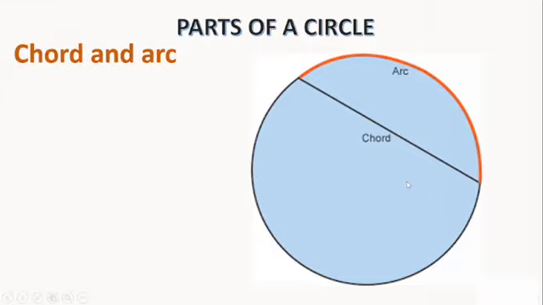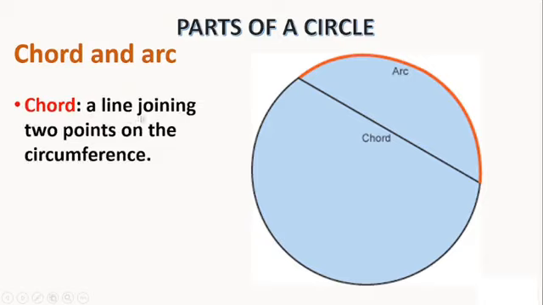We now move on. We look at other parts of the circle, where we have the chord and the arc. This is the chord right here. Whenever you draw a line starting from the circumference of the circle and coming to another point on the circumference without passing through the center, this is the line that we call the chord. So a chord is the line joining 2 points on the circumference.